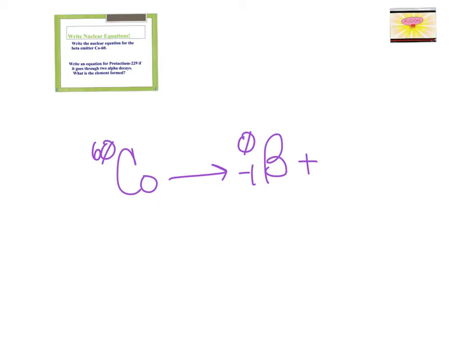Atomic number, which is what? 27. So I have 60 is equal to 0 plus X.